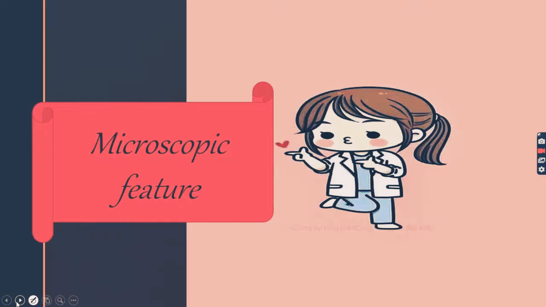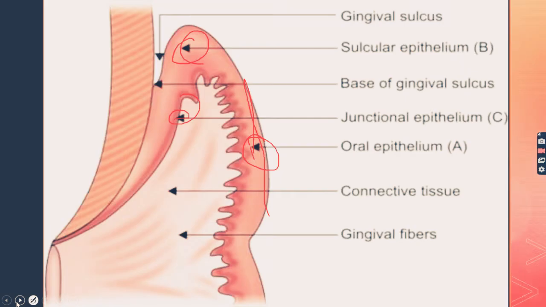Now come to microscopic feature. Microscopic feature is mainly divided into three types, guys. Look at this. This is oral epithelium, okay? And this is junctional epithelium. And this is sulcular epithelium. First is oral, second is sulcular, and third is junctional.